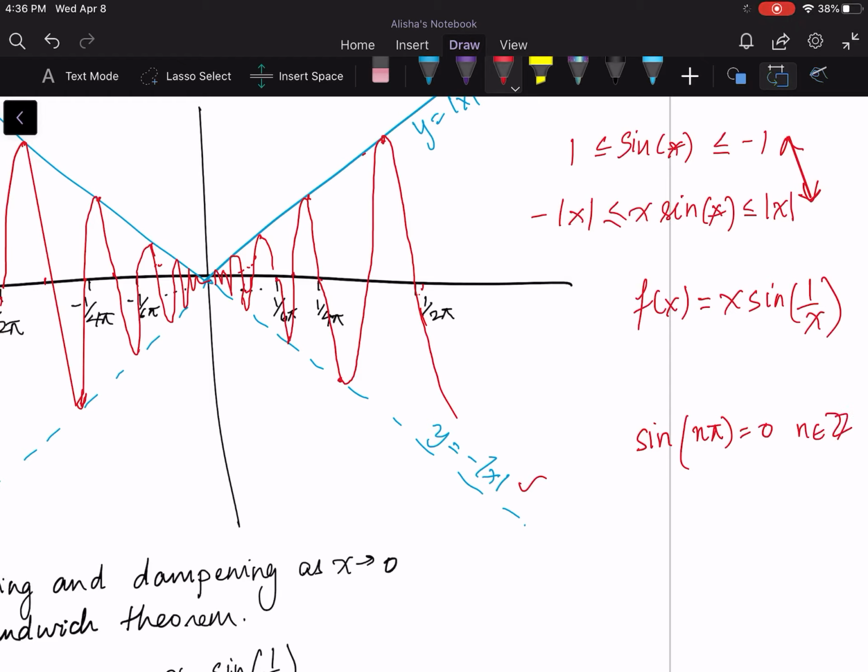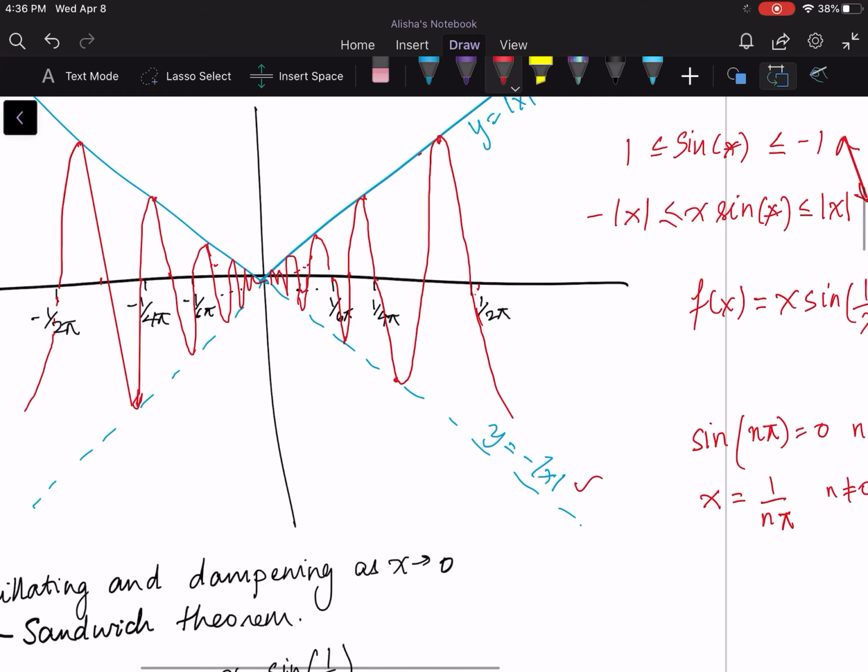And so therefore I know it must cross the axis for x equals 1 over n pi. Of course, n not equal to 0. Oops, it should be n pi. All right.